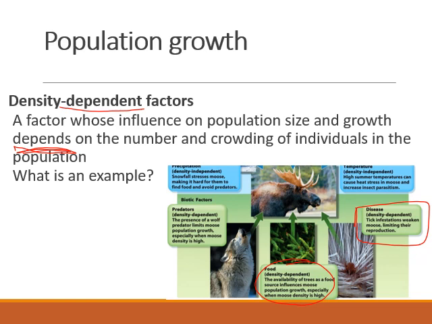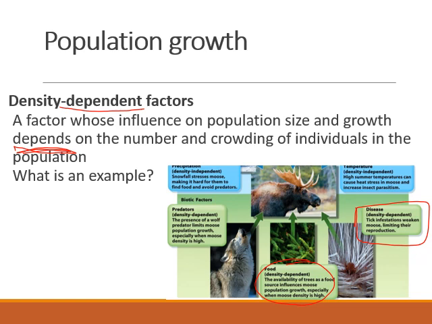If you have a really high density somewhere, then something like disease, which is density dependent, just weakens that population. So a big part of disease with these moose on Isle Royale is tick infestations, and they really kind of weaken the moose. They limit their reproduction. They cause them to lose a lot of their hair, which doesn't allow them to be very successful in the winter. So it also kind of takes away their appetite, which also again does not allow them to be very successful in the winter.